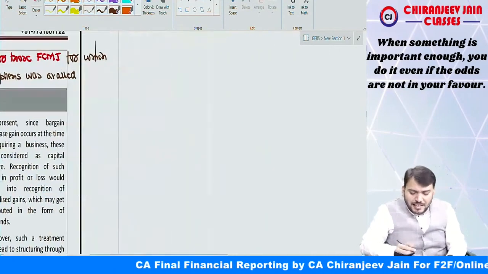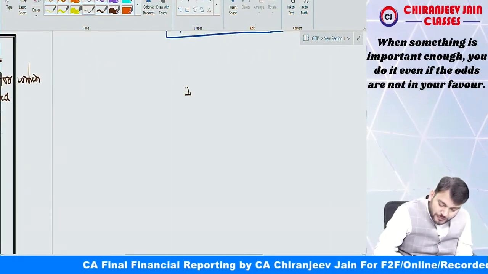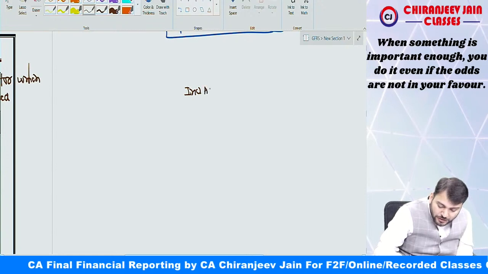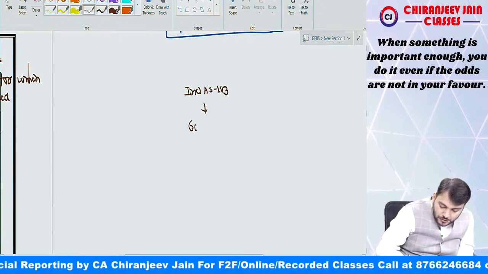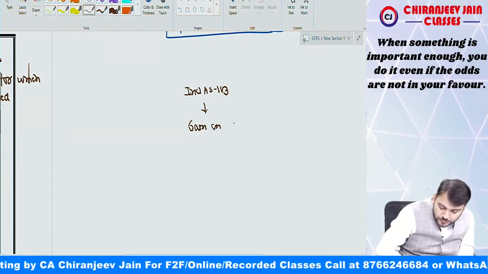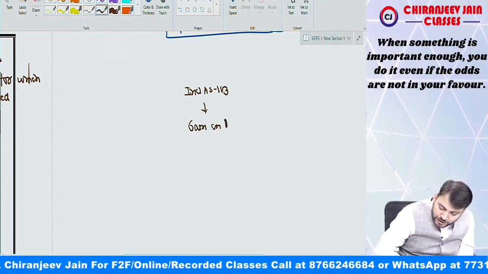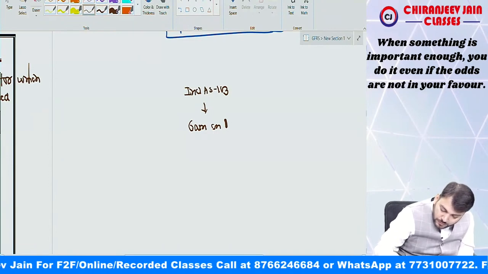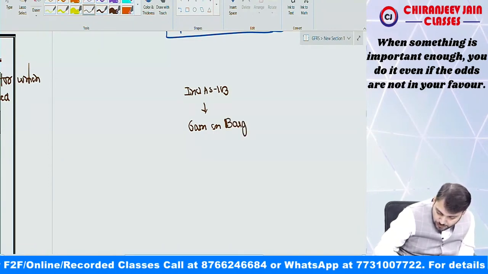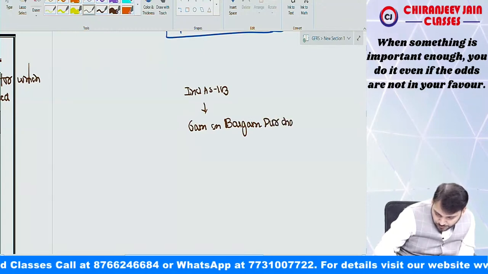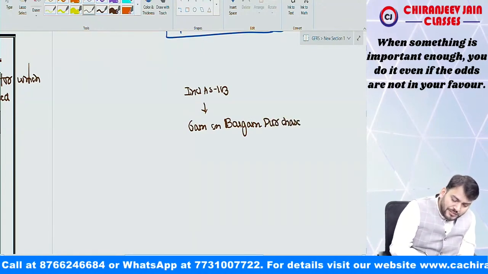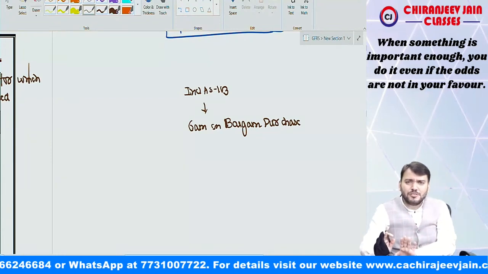Now if I explain in detail about Ind AS 103. Ind AS 103 says whenever there is a gain on bargain purchase, correct? Gain on bargain purchase you understood, correct na? Yes sir.